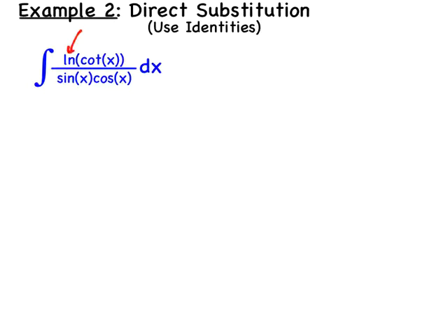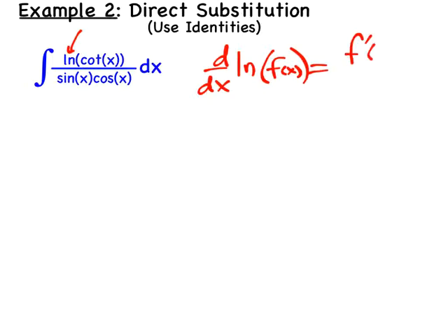This is part of that pattern recognition that I was stating, that when we see the natural log, sometimes it's a good first choice. And when I do this, we want to recall the chain rule for derivatives of the natural log. So if I have d dx of the natural log with a function inside of it, remember that it is the derivative of that internal function over itself.